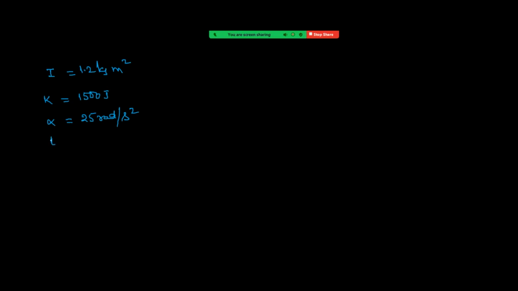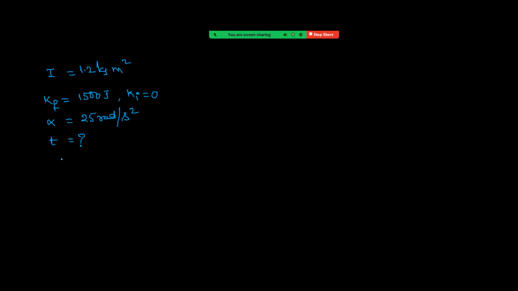So how long we have to provide this acceleration, right? Initially it was at rest. That means this is a final kinetic energy. Initial kinetic energy is 0. Then see how to start the problem.